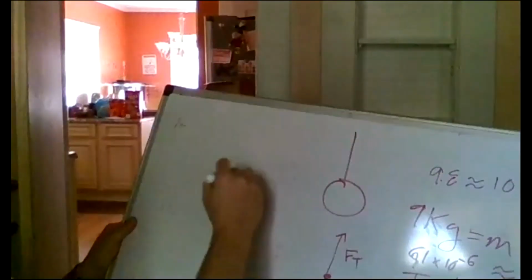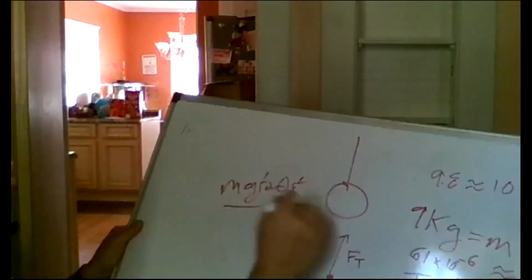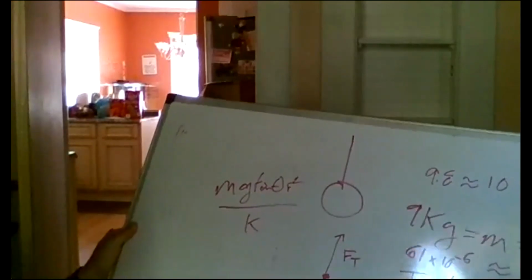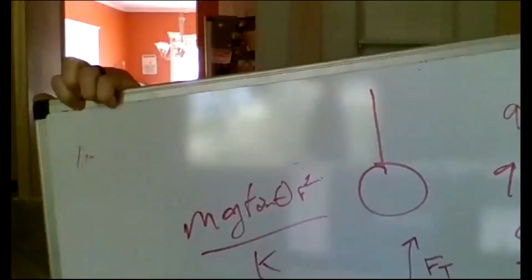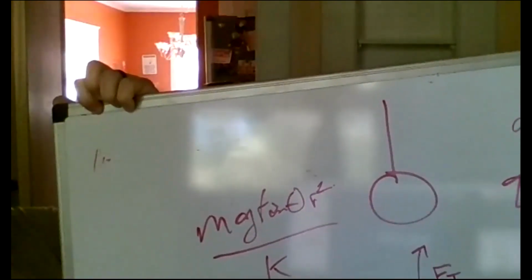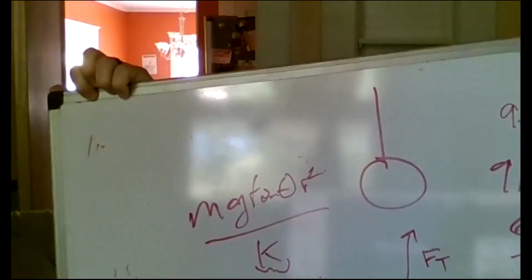But when you do the problem, let's say you get an algebraic expression, like I think I had one, mg tan theta r squared over k, one time. Well, right here, what I would do is I would keep all the values the same, and I would just automatically pull out the powers of 10.